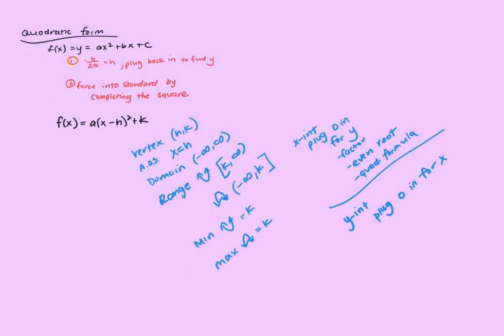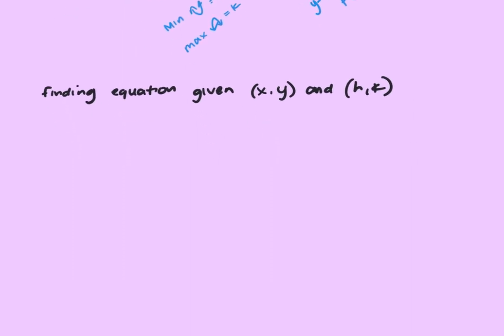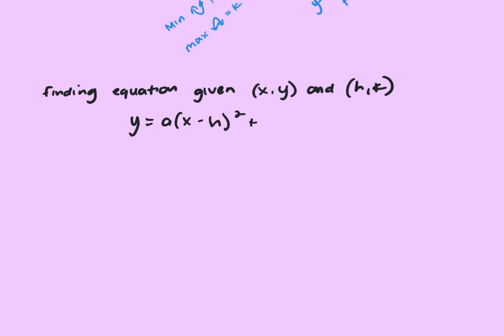And then the last thing was the reverse, which is finding the equation given a point and the vertex. And for those, you plug them into y equals a times x minus h squared plus k.